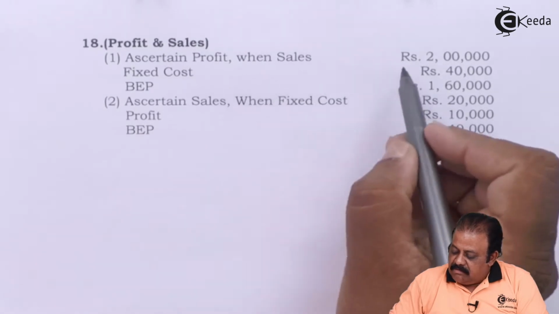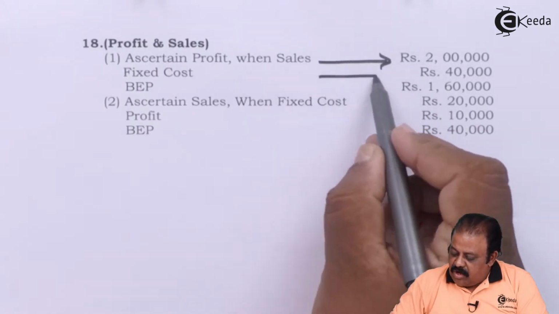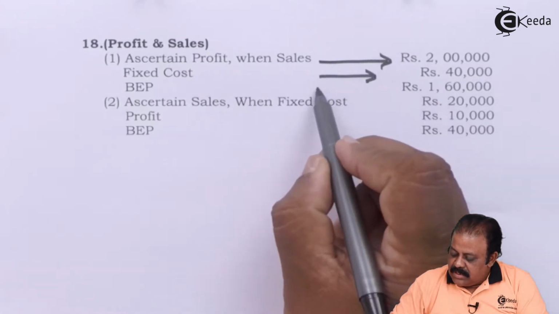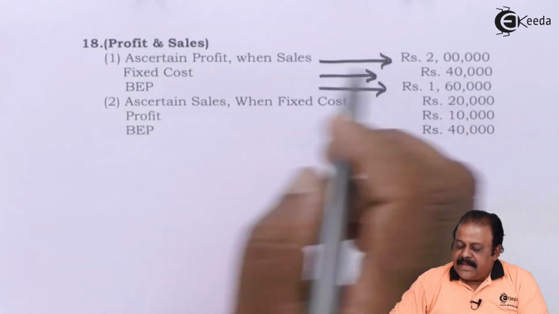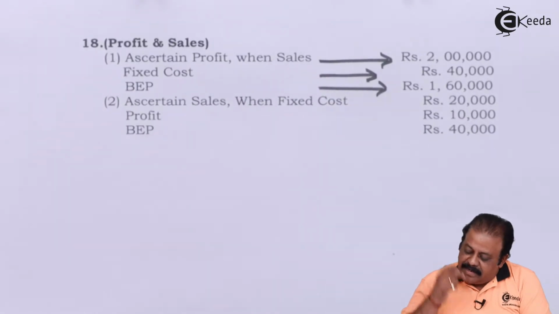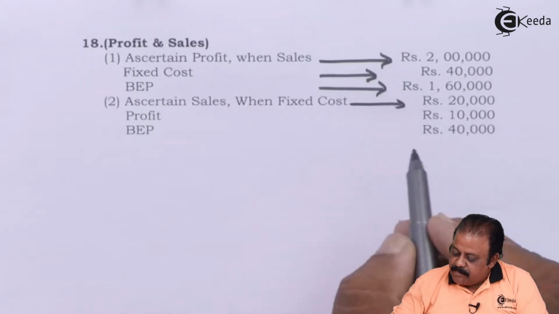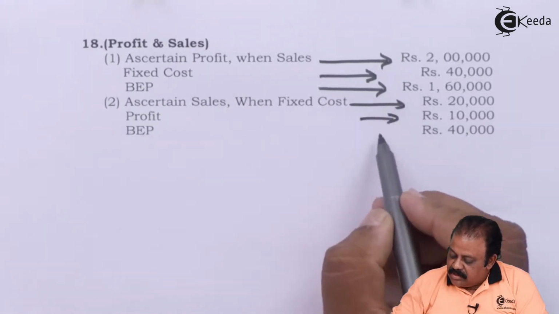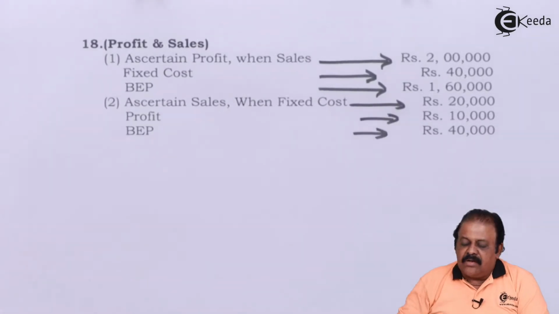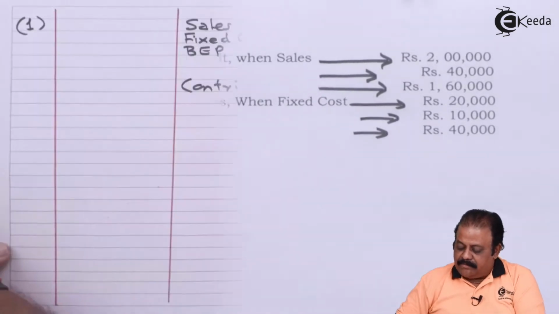Ascertain profit when sales is 2 lakhs, fixed cost 40,000, break even point is given 1,60,000. And second question is ascertain sales when fixed cost is 20,000, profit is 10,000 and break even point is given 40,000. Let us start with first sub question 1.